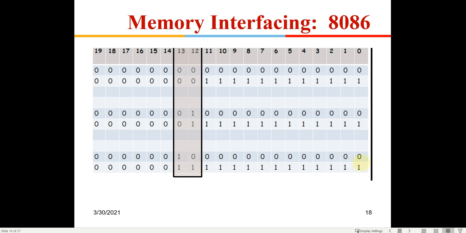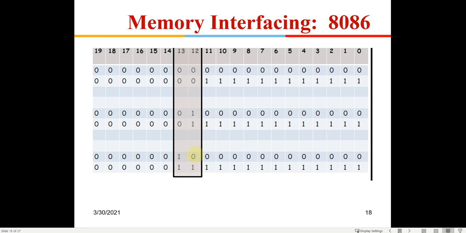So the total address lines required are 13 bits, so this is 0, this is 1 out here in this case. Now to distinguish between these two banks, this has been put as 1 out here. So this is 2 KB, you are using a total of 11 bits, A0 to A11. Then we are putting 00 out here and 01 here to distinguish between these two banks.